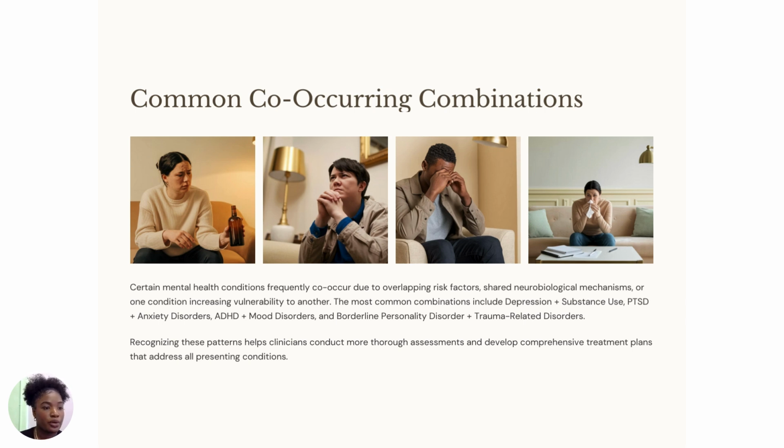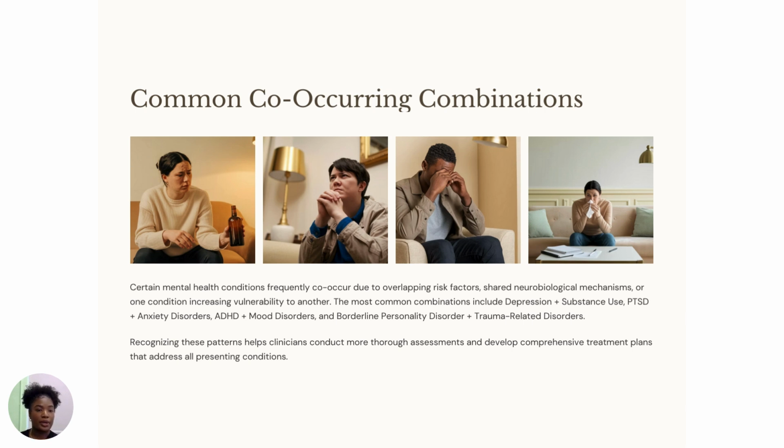So, certain mental health conditions co-occur because of overlapping risk factors. When we recognize these patterns, it helps us conduct more thorough assessments and develop comprehensive treatment plans that address all presenting disorders.